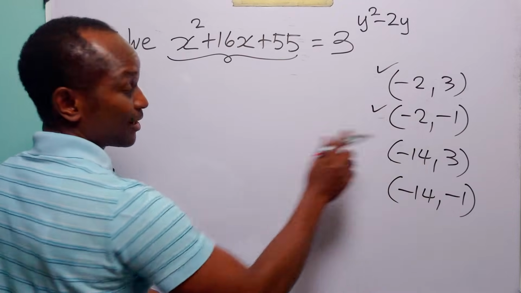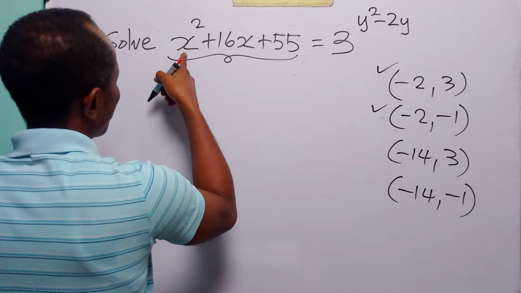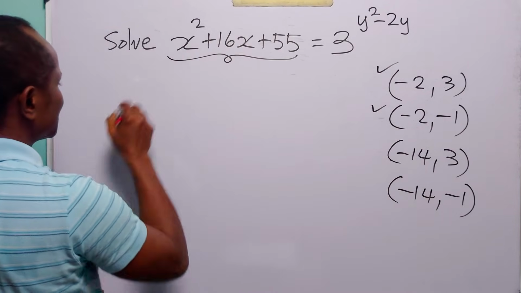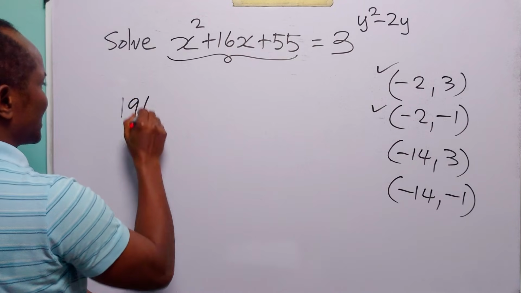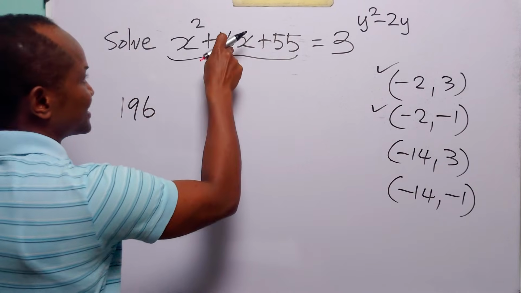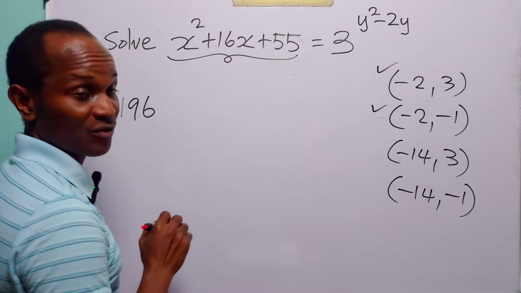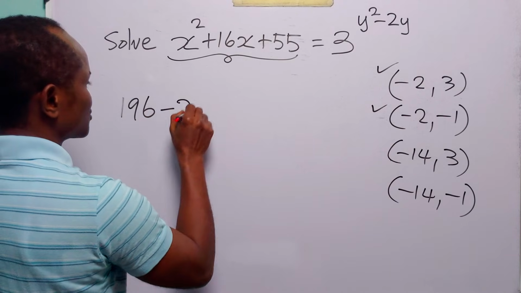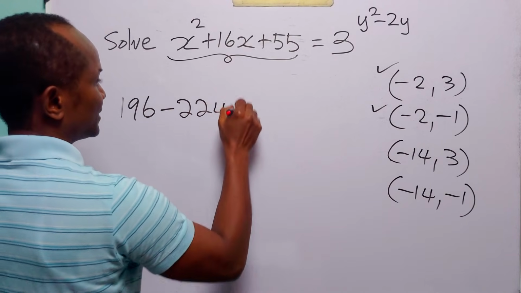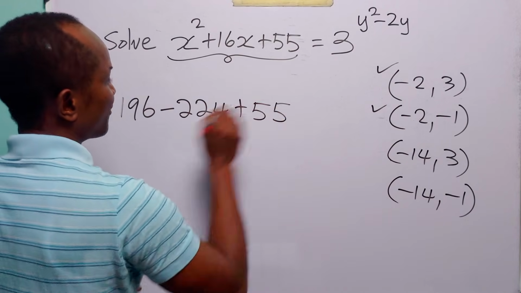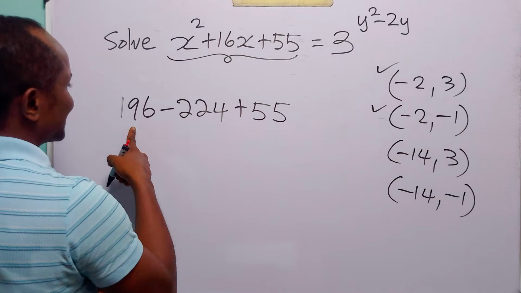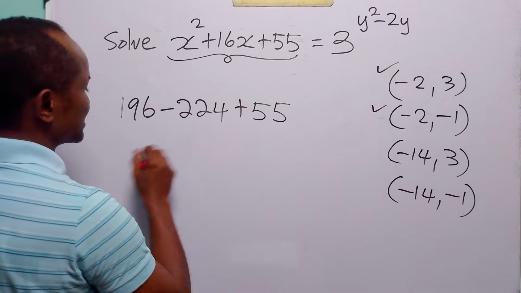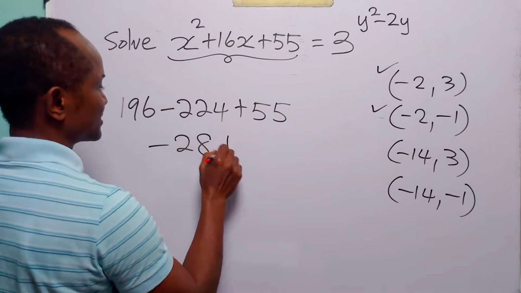Now, when x is equal to minus 14, we have minus 14 squared, which is 196. Then 16 times minus 14 is going to give us minus 224. Then we have plus 55. 196 minus 224 is minus 28.